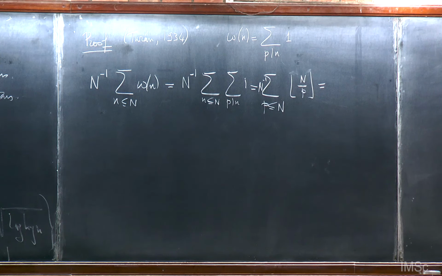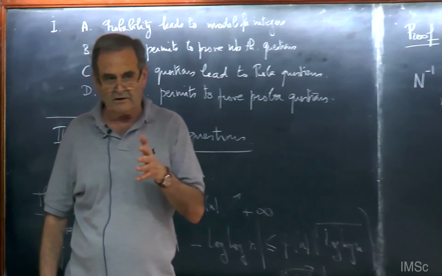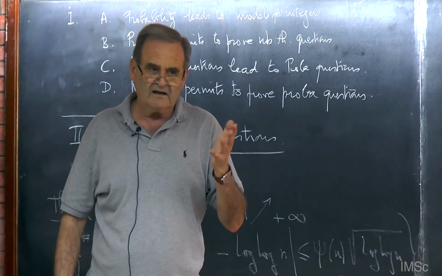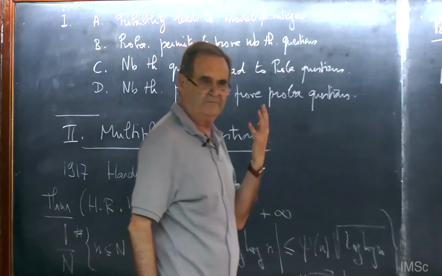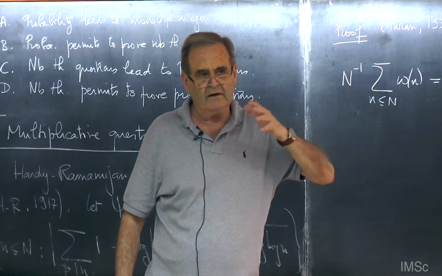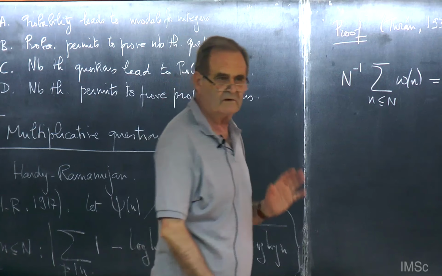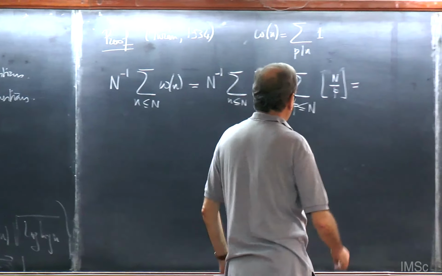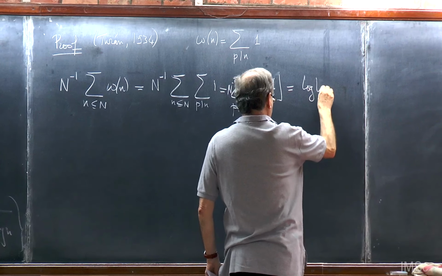It's due to Mertens, and so this was known in the 19th century, that the summation of 1 over p, for p up to N, is something like log log N. Essentially, it is more or less due to Euler. The Euler proof tells you that the sum of the inverses of the primes up to N is something like log log N. This is a way to prove that there are infinitely many primes.